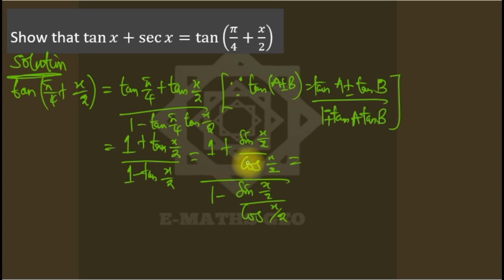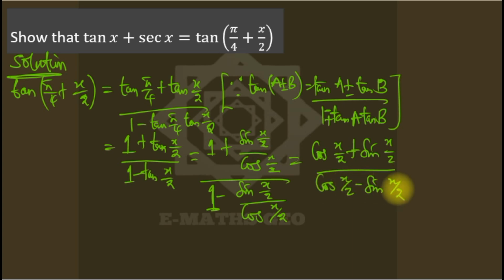So let's clear the fraction by multiplying each of them by their LCM, which is cos half x. So cos half x times 1 is cos half x. Cos half x times sine half x over cos half x is sine half x. The same thing, cos half x minus sine half x. So we've cleared the fraction.